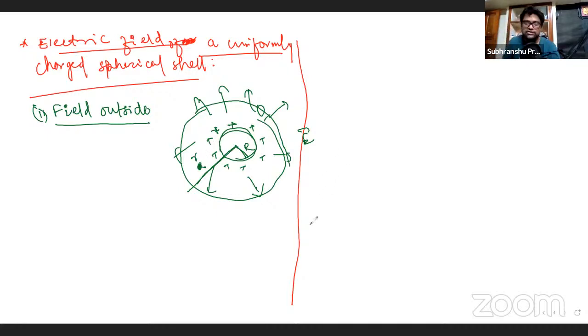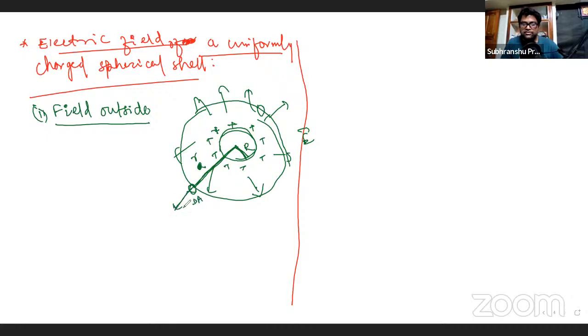As per the NCERT notation we are following, you can represent it with a different symbol also, like X. So this is the Gaussian sphere. What will be the flux linked with, let's say, an area delta A?